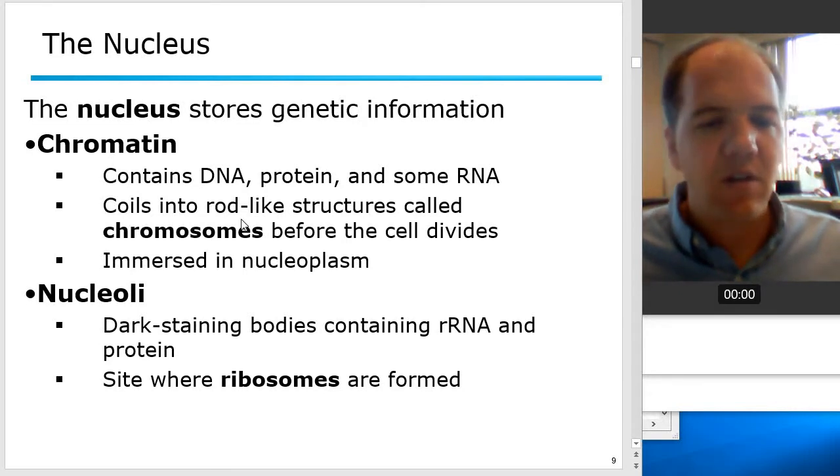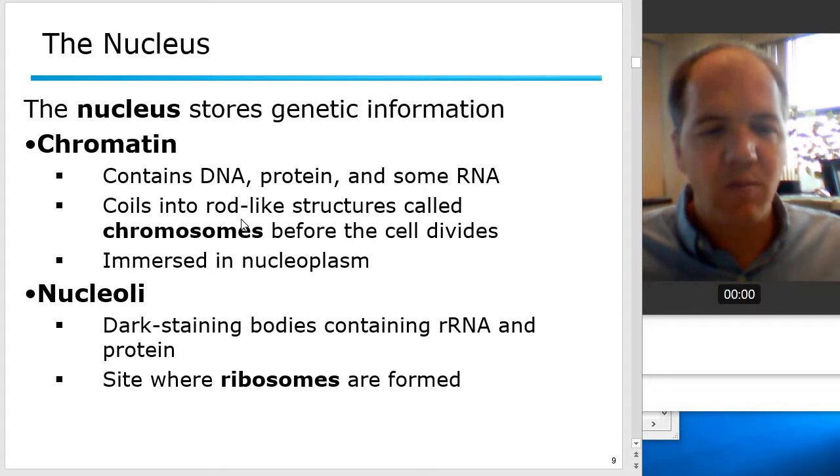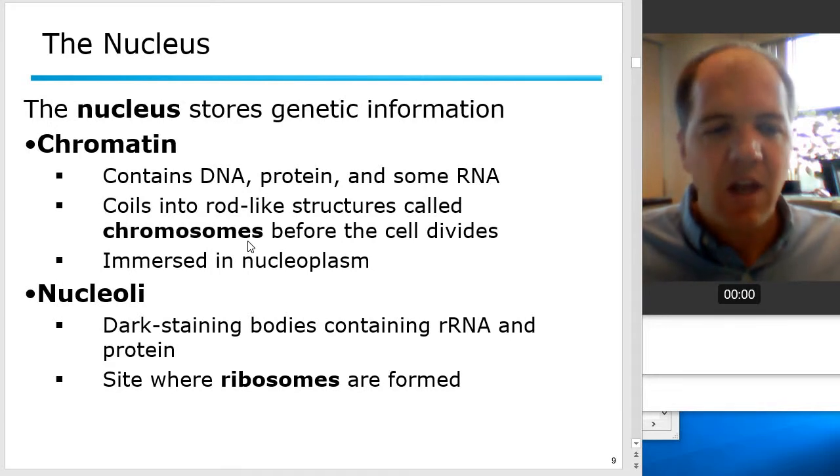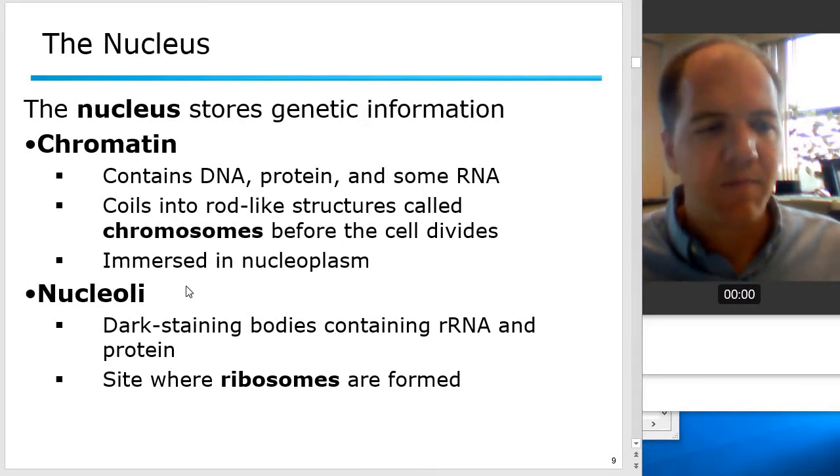And during certain times, the chromatin will condense into what we call chromosomes. You may have heard of chromosomes before. Humans, for example, have 46 chromosomes. These are separate pieces of DNA inside the nucleus, and they condense down into these chromosomes when the cell is reproducing, and we'll see that later in this lecture.